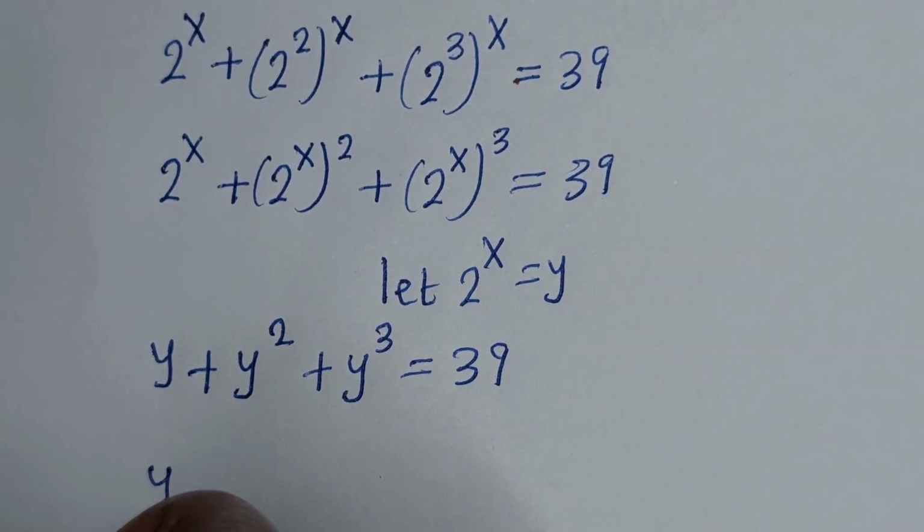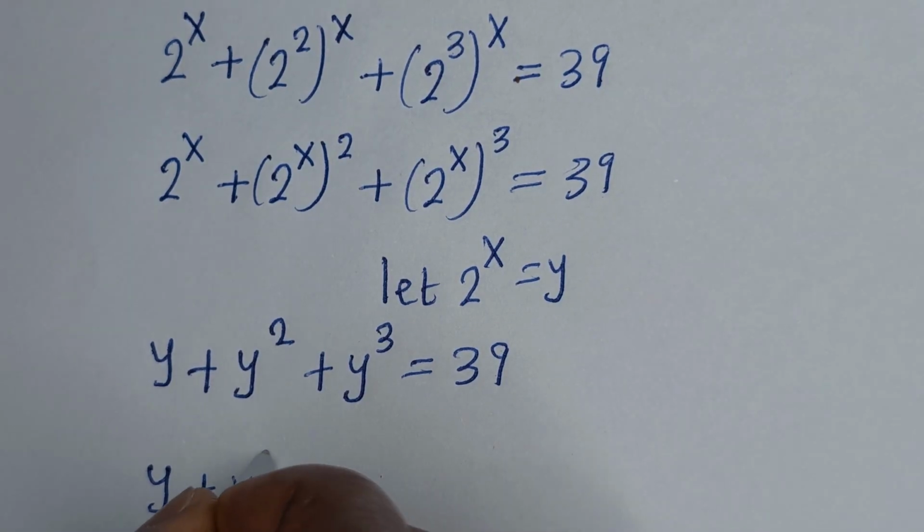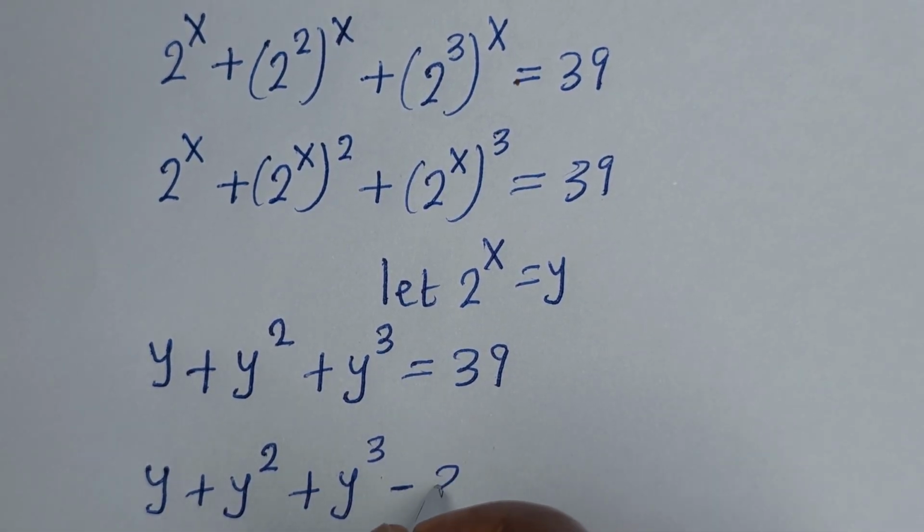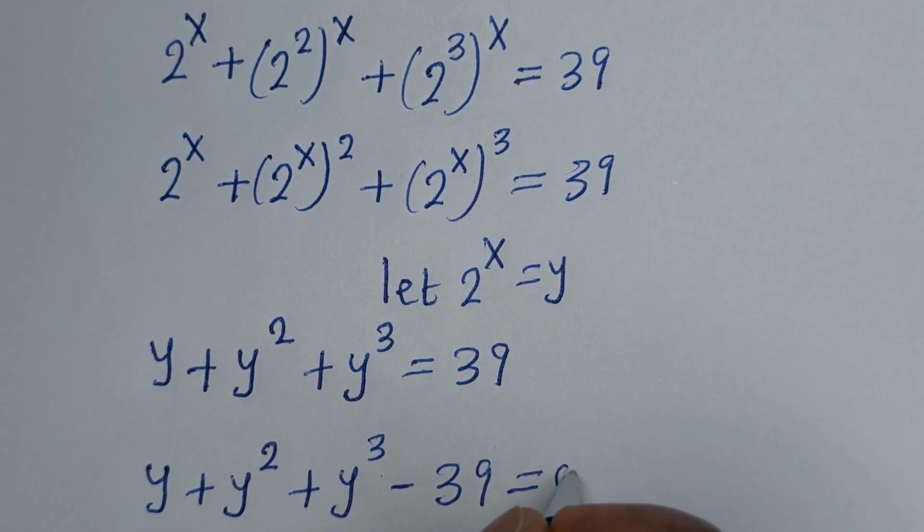And this is y plus y square plus y raised to power 3 minus 39 is equal to 0.